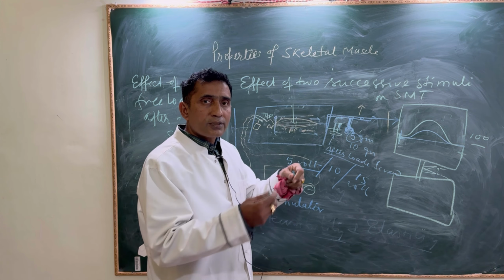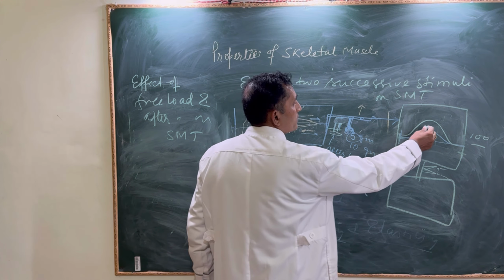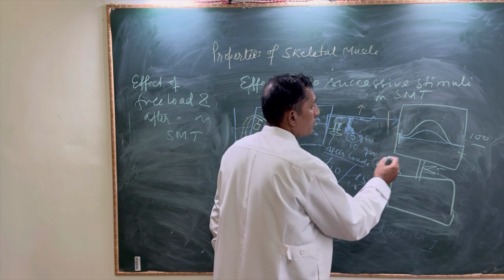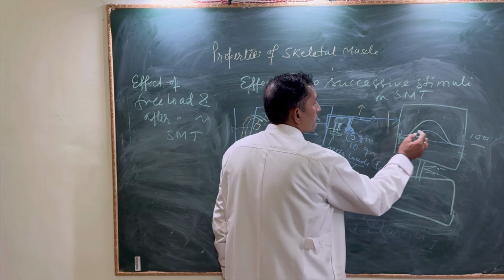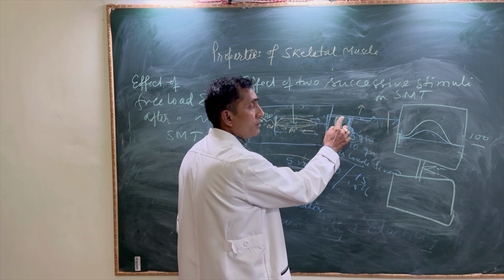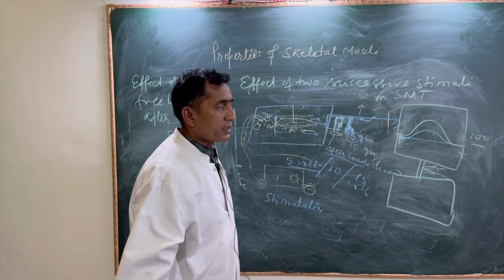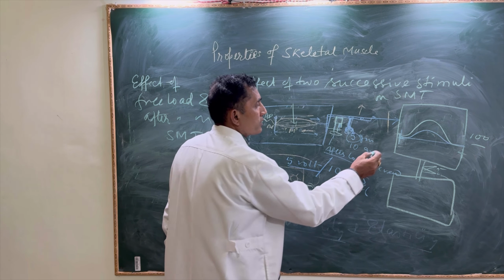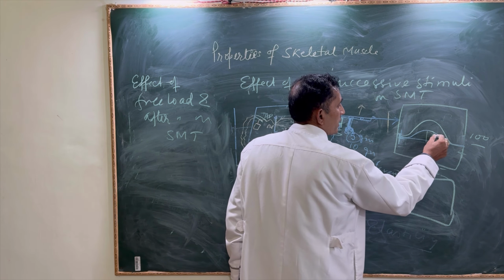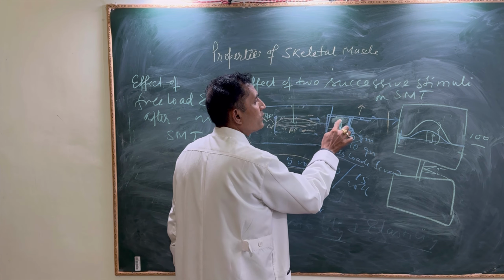There is a possibility to increase the number of cross bridge formations. If cross bridge formation increases, the height of contraction will be greater. Here this possibility is not there, because the screw is kept touching the lever. So however much load you use, there will be no change in the length of the muscle before it contracts. So this is the height of contraction when the screw is touching, and this is the height of contraction when the screw is free.